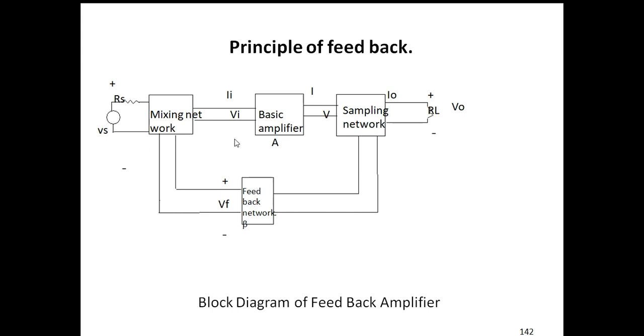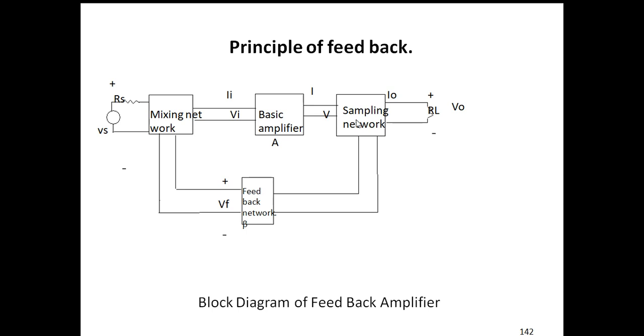So this net input signal is applied as input signal to the basic amplifier with gain A. This basic amplifier network gives the output as an amplified version of the input signal. This amplified output signal now acts as input signal to the sampling network.